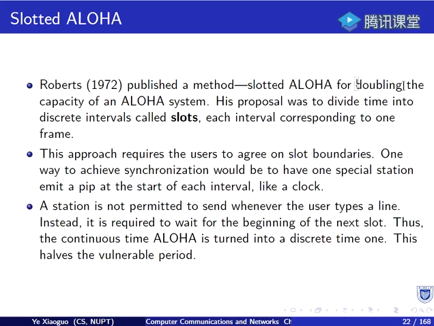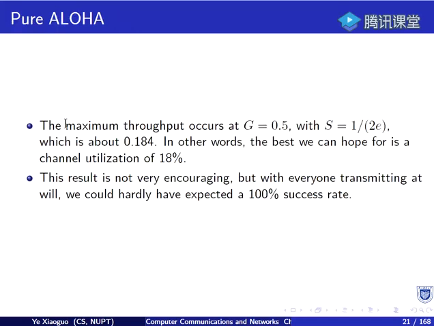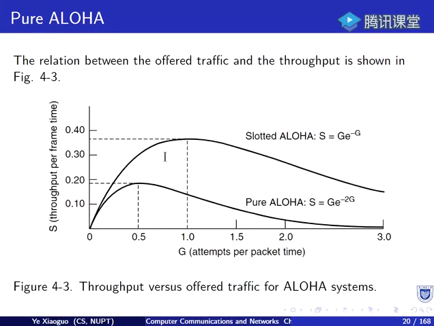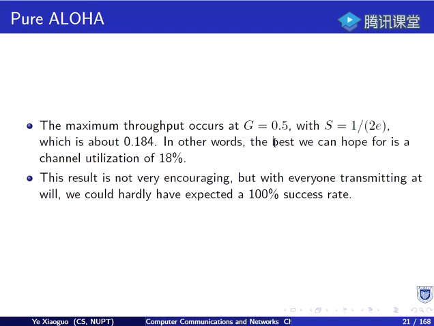By doubling the capacity, that means based on the pure aloha system, the channel utilization of slotted aloha should be 36%, right? So doubled 18%, 36%.